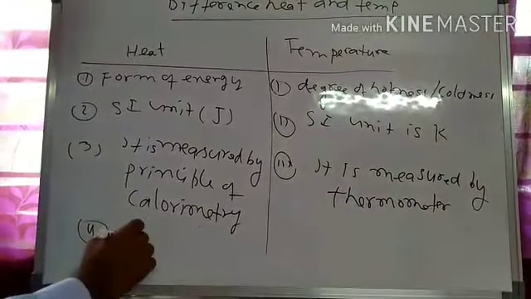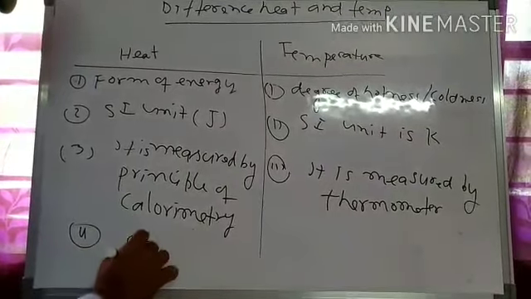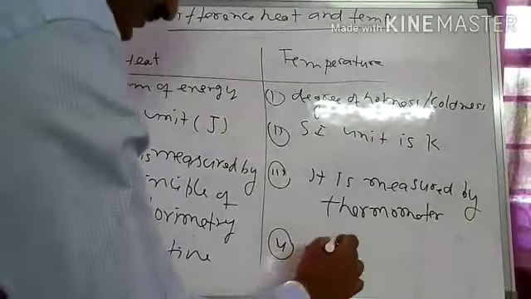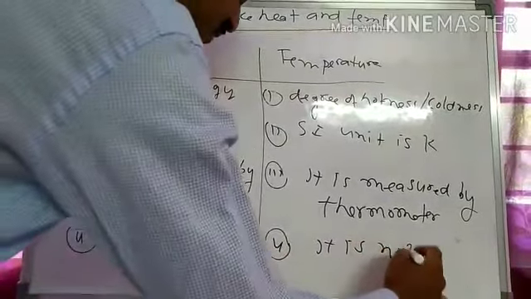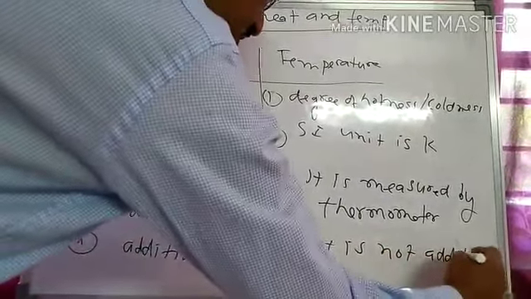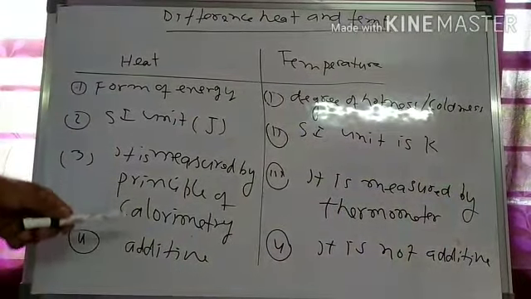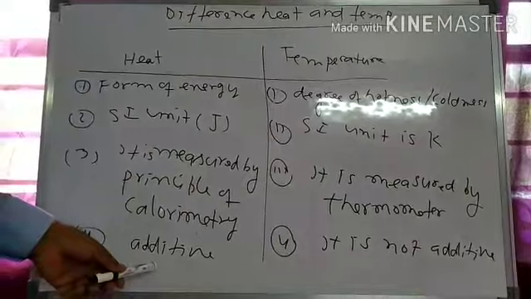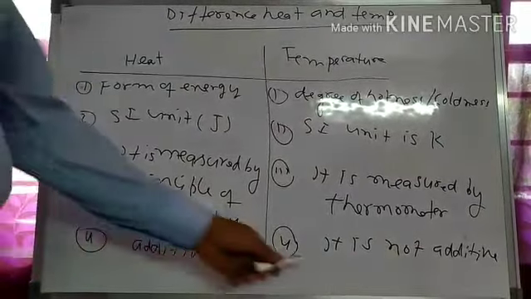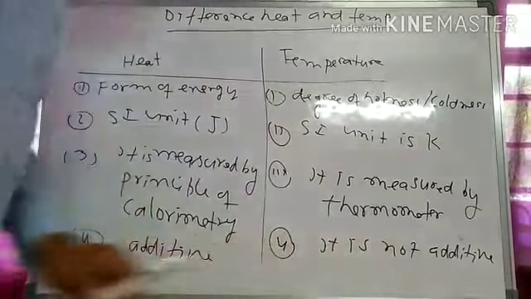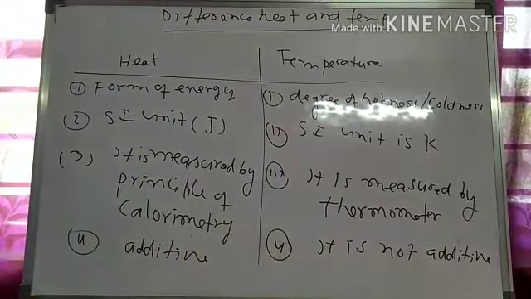Fourth, heat is additive in nature. Temperature is not additive. When two bodies are mixed together, then heat energy is added together, but the temperature of the two bodies is not added. So temperature is not additive, but heat is additive.